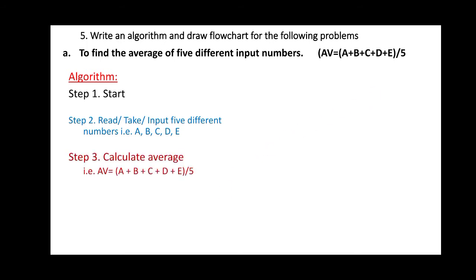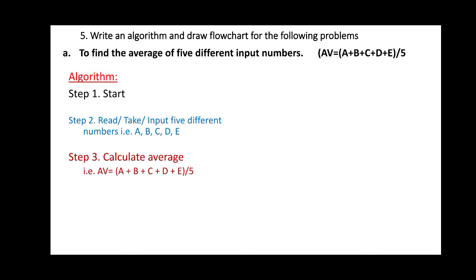That's why I have used parentheses around the five numbers, so that the parentheses will be done first. That means the sum will be calculated first, and then divided by 5.